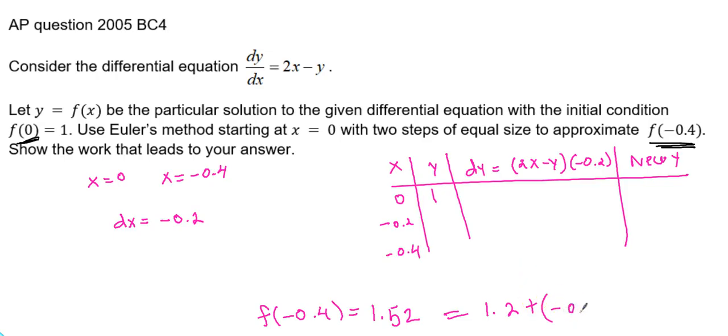So 0 negative 4 minus 1.2 times negative 0.2. And that will be the answer.